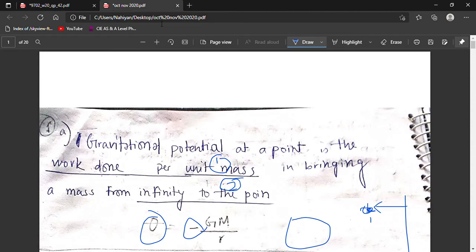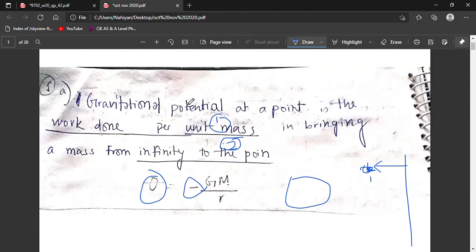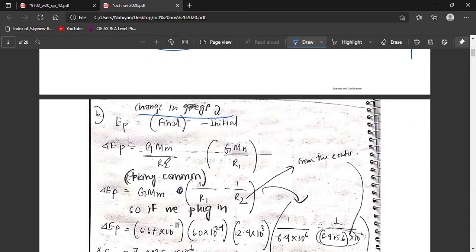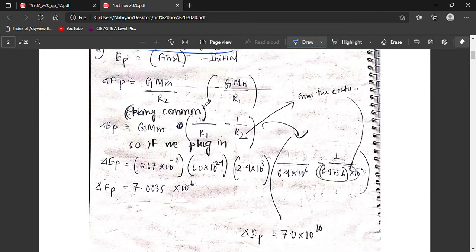Okay, now it's saying to calculate the change. So for change, we always do final minus initial. We already discussed the formula. When we plug in the formulas and take the common factor, GM, you get 1/r1 minus 1/r2.